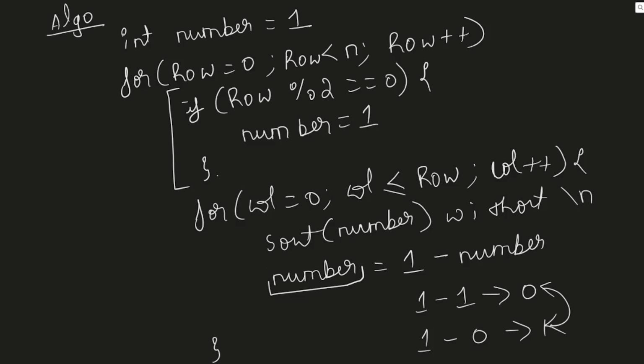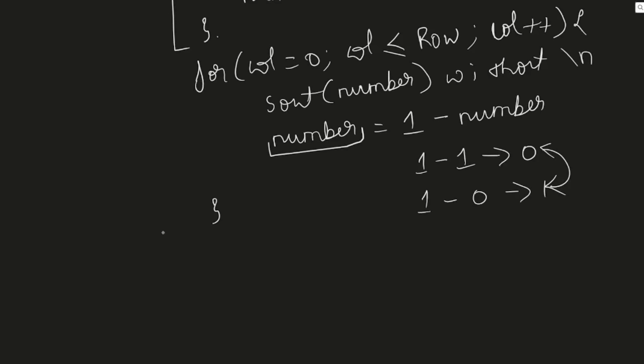We'll end the column loop. After every row, we need a new line character. That's it. We are done with the pattern. I hope you all got the logic behind this pattern. Let us go back to IntelliJ and let us try to code it.